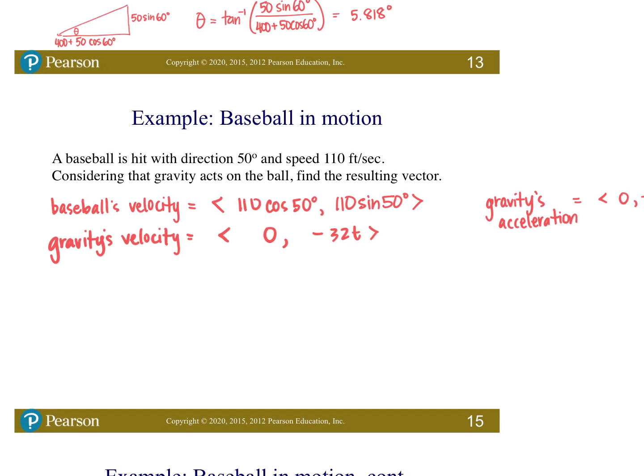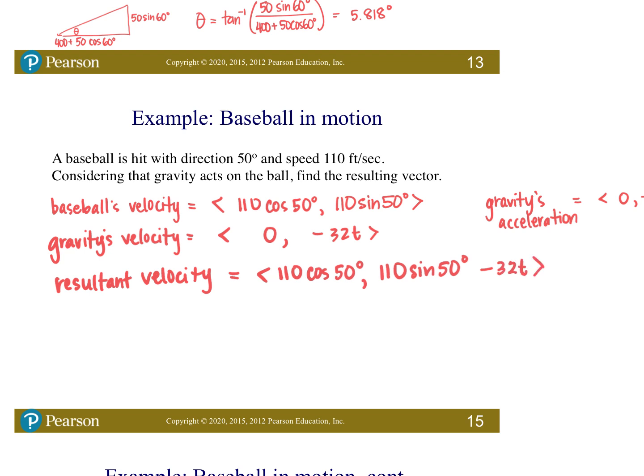Therefore, put the two together, and the resultant velocity is the combination of those two. So we're looking at 110 cos 50 degrees, which is irrational, and then 110 sine 50 degrees minus 32t. We also need the resulting position.